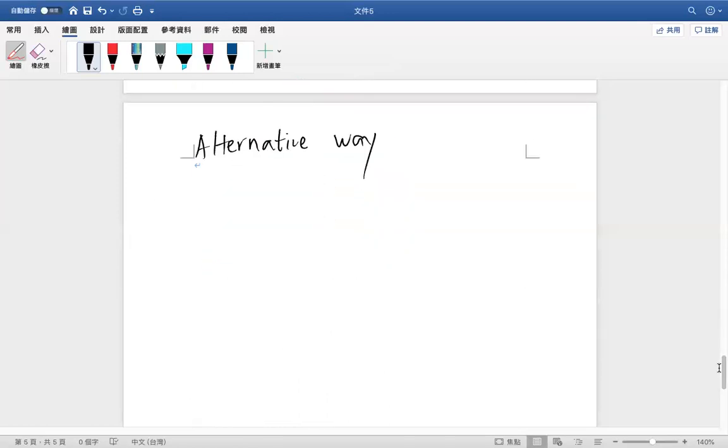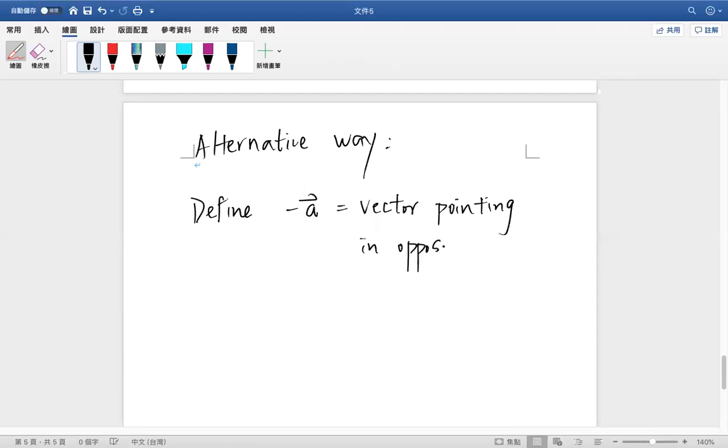So here let's define what negative A means. Negative A should be the vector pointing in the opposite direction of A, and having the same magnitude.